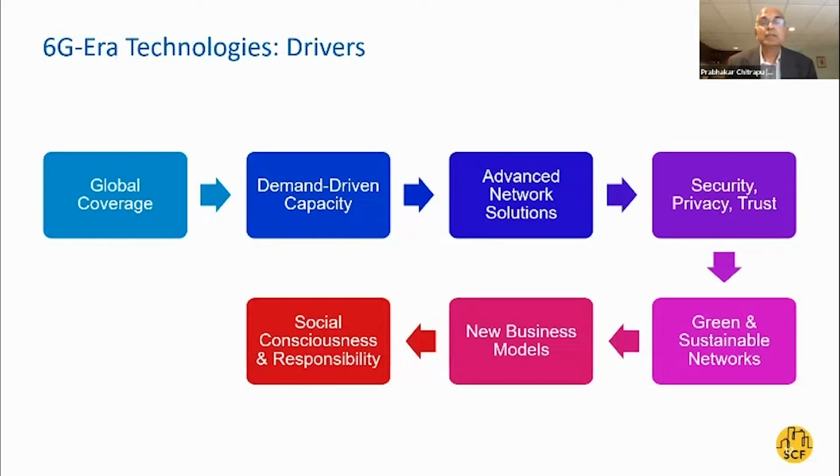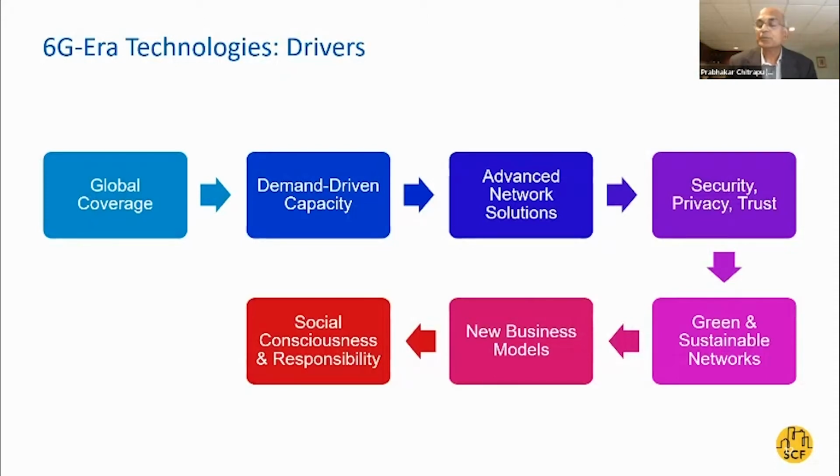So the drivers for 6G era technologies are, at a high level, first of all, global coverage. Although we have complete coverage in several parts of the world, there are still 3.5 billion people who are not connected. So I think that will be an important part to address. Demand-driven capacity.